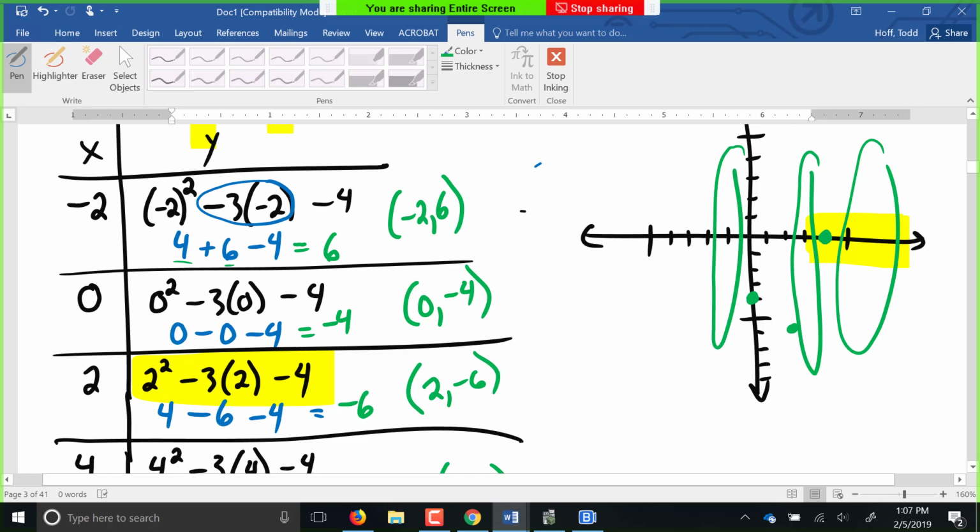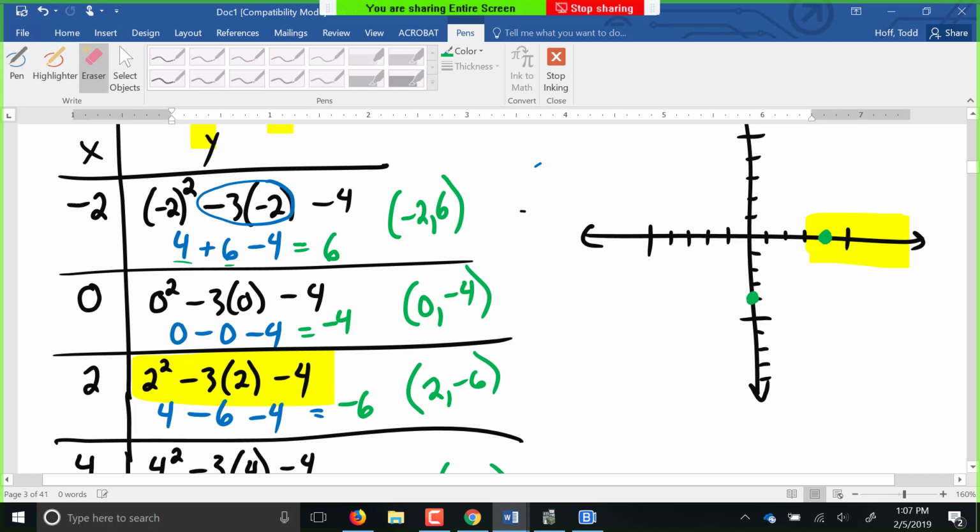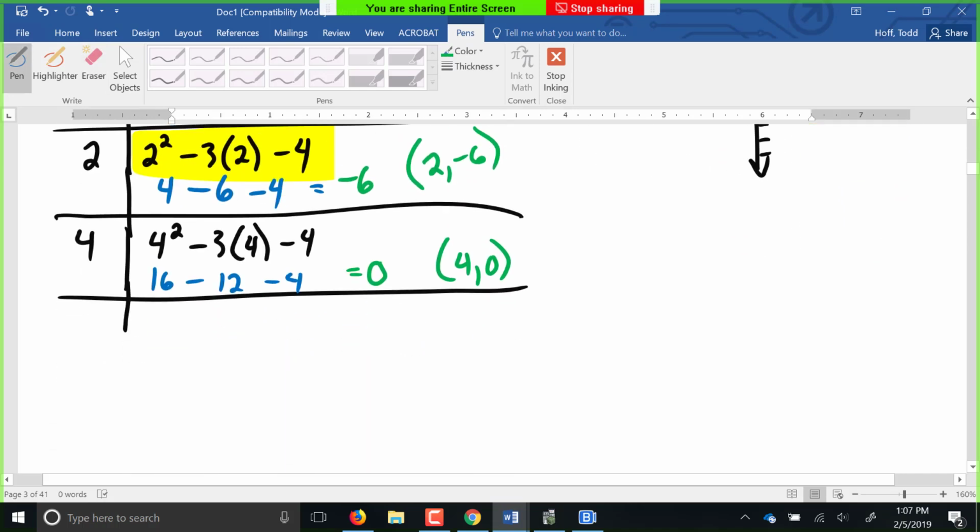So let's do that -1. Let's fill in this gap over here next. So if x equals -1, again in your notes, try to beat me to it. Figure out what y is when x is -1.